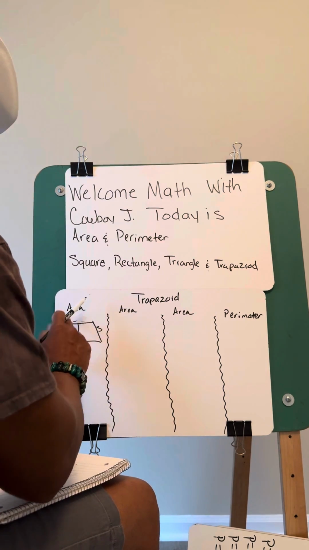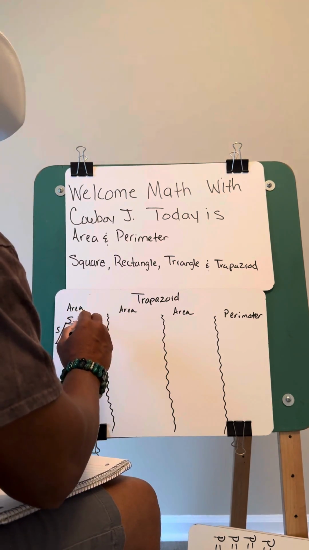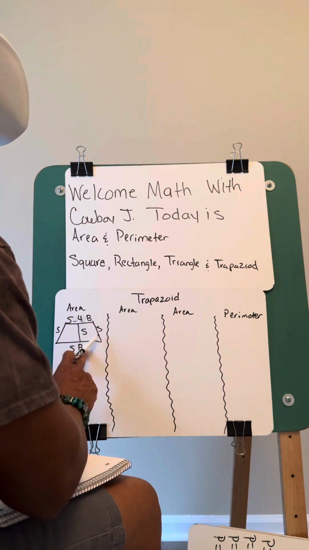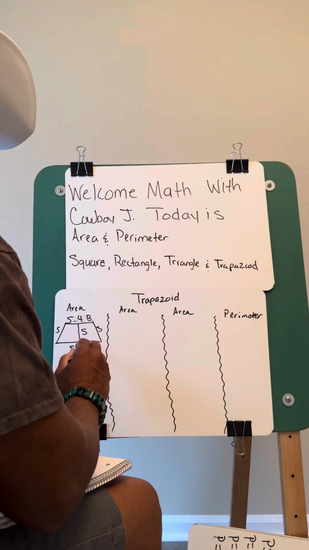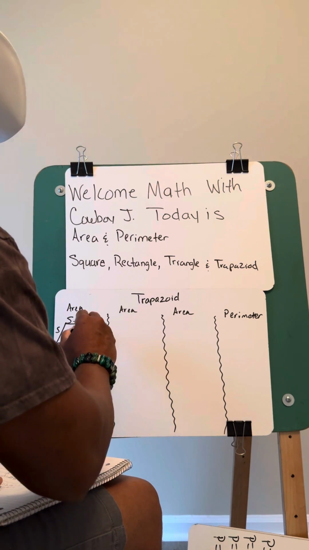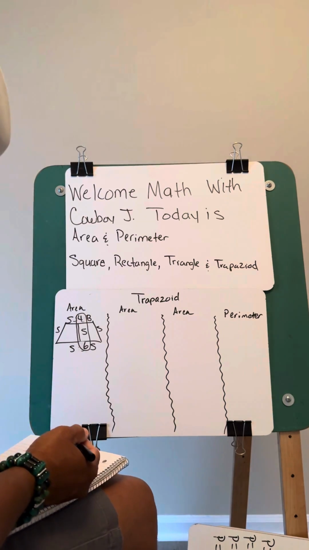So I tell my students, the easiest way to do this is they have the numbers usually like that, and these are the numbers that you need to find the area.